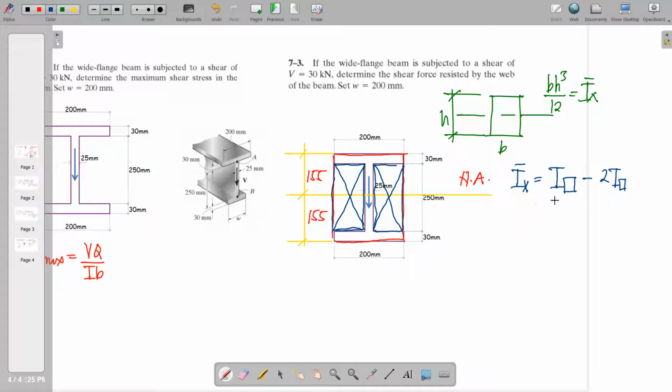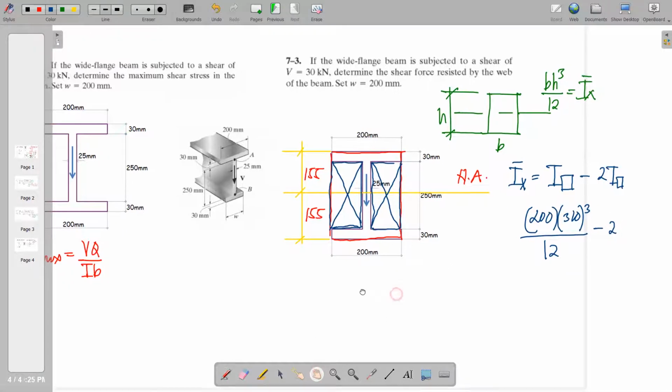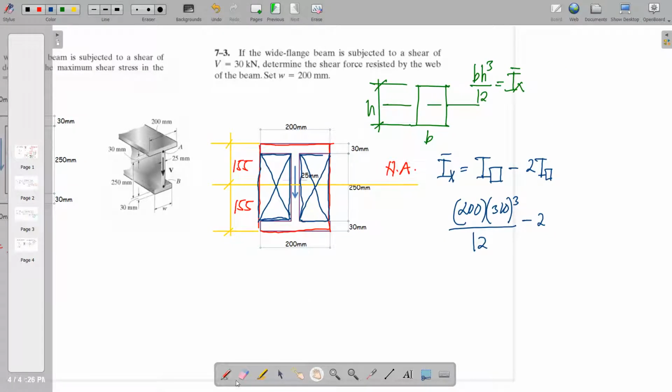So the I of the larger rectangle has a base of 200 with a height of 310. We just divide it by 12, and then we subtract these two rectangles.